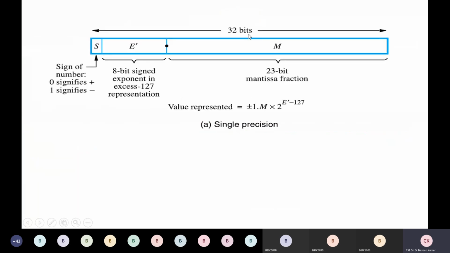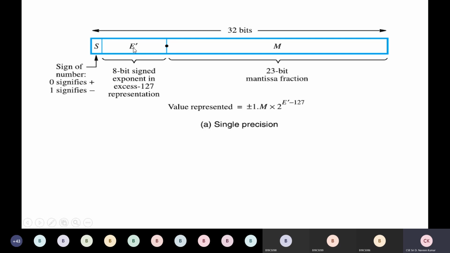So this is the 32-bit single precision floating point representation. It is entirely of length 32 bits, wherein the first bit, a single bit, is allocated for the sign. If the number is positive, S will be 0, and if the number is negative, the sign bit S will be 1.